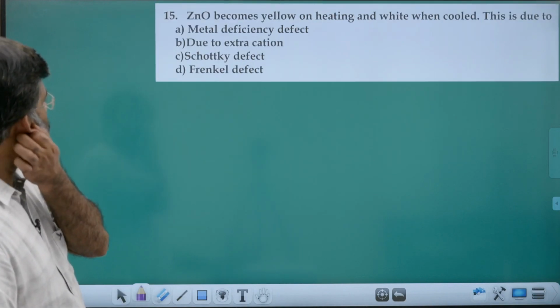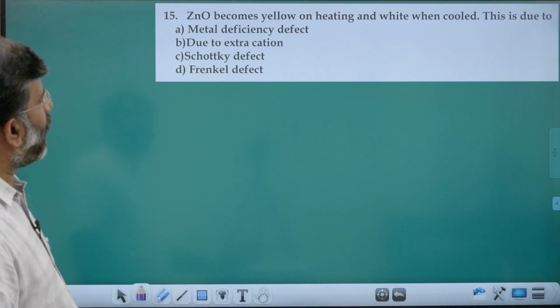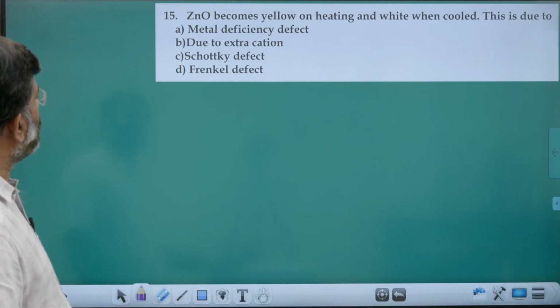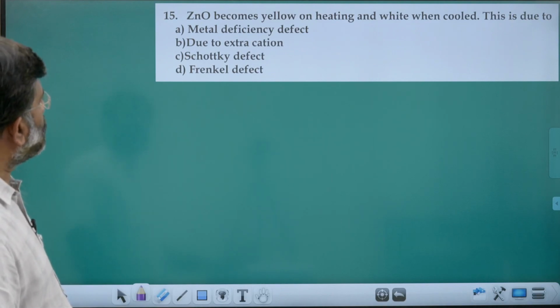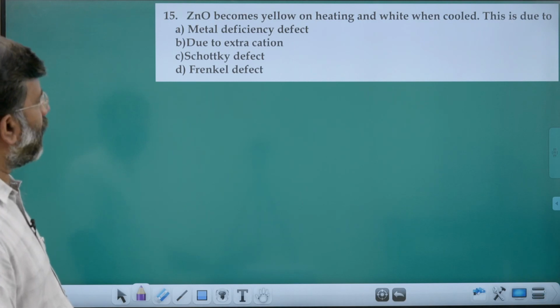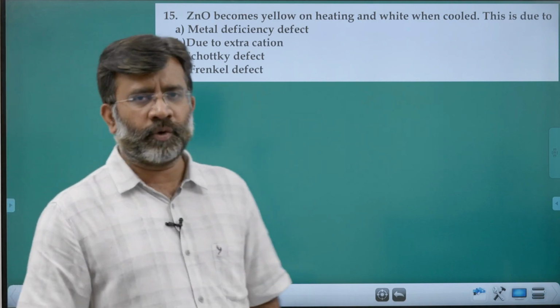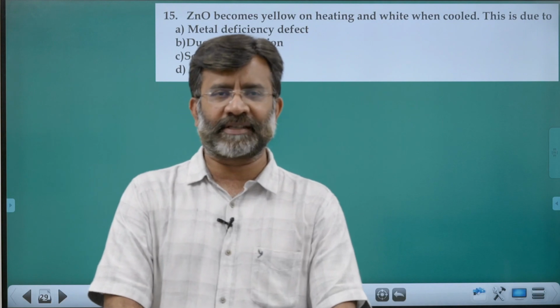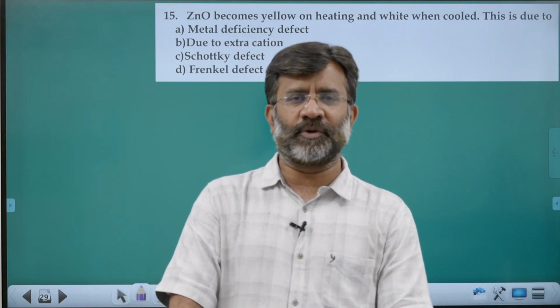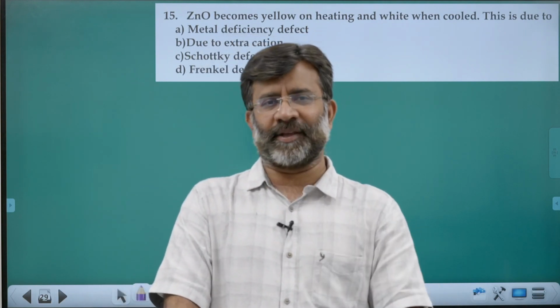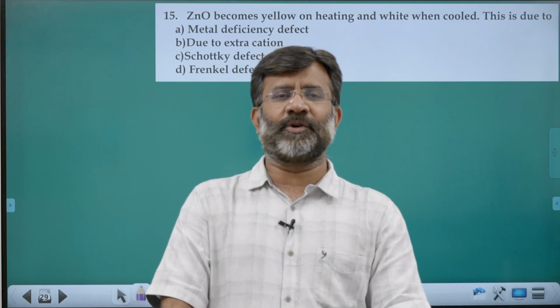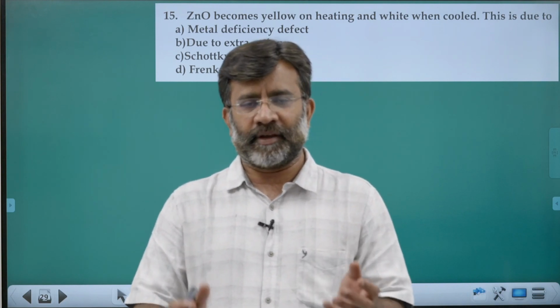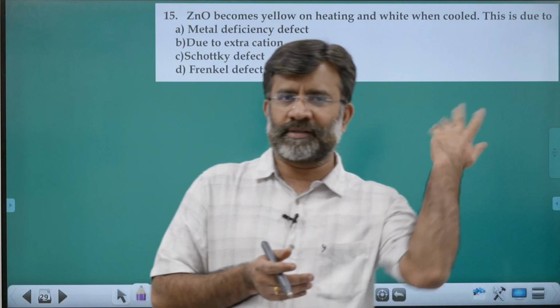Zinc oxide becomes yellow on heating and white when cooled. This is due to metal excess defect due to extra cation. When you heat zinc oxide, some oxygen will escape.